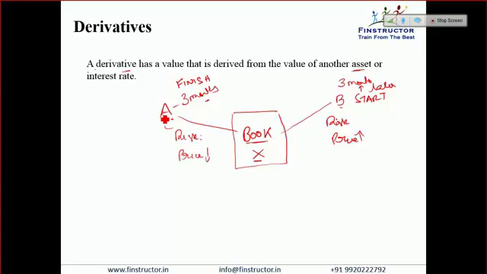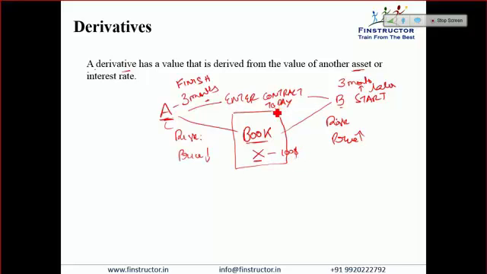So can A and B enter into a contract today that 3 months later they will exchange the book for a pre-decided price of X? Let's assume this X is $100.